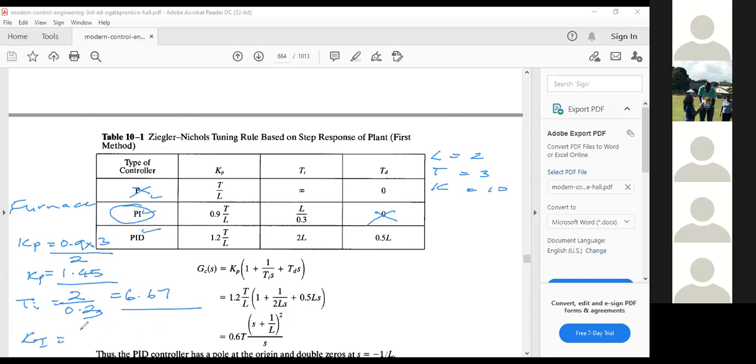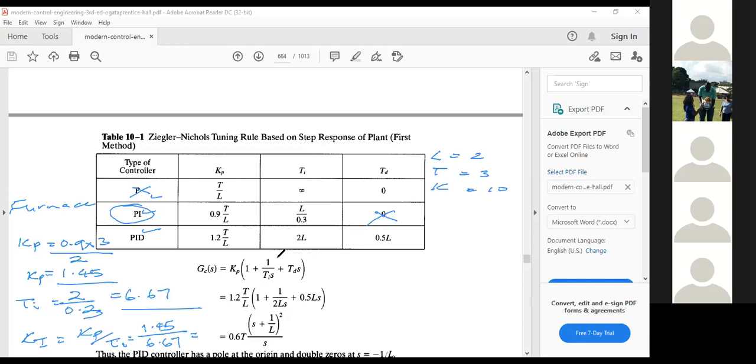So KI now is going to be equal to KP divided by TI. So that is 1.45 divided by 6.67. Somebody tell me what that works out to.